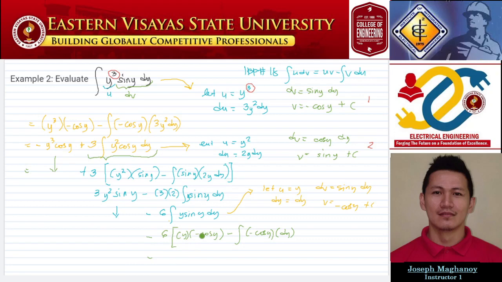So that is negative times negative, that is positive, 6y cosine y. How about here? So let's start here first. Negative times negative, positive times negative, still negative. So we apply 6 integral of cosine y dy. In this part, it's only one term, cosine y dy. So we can directly integrate this part.